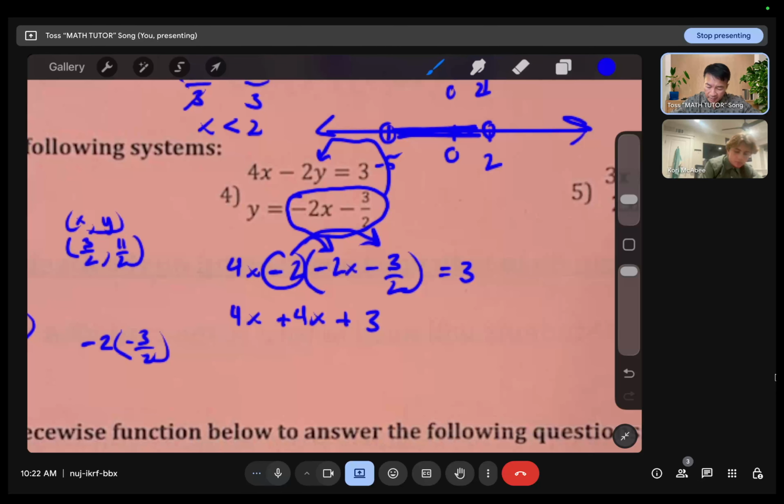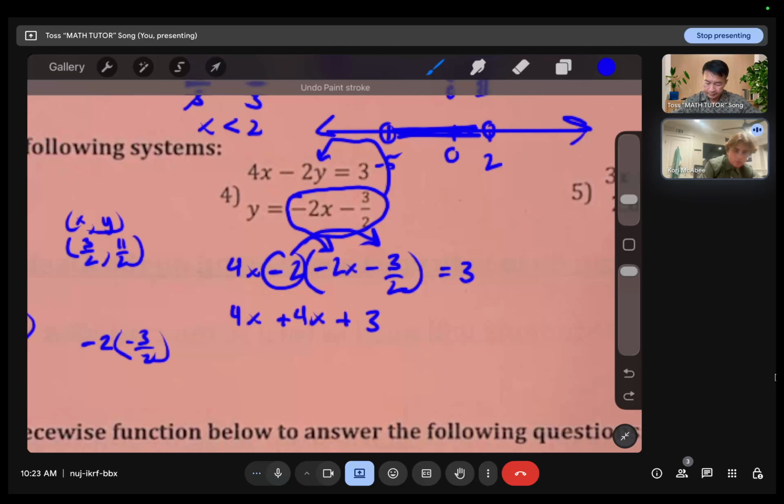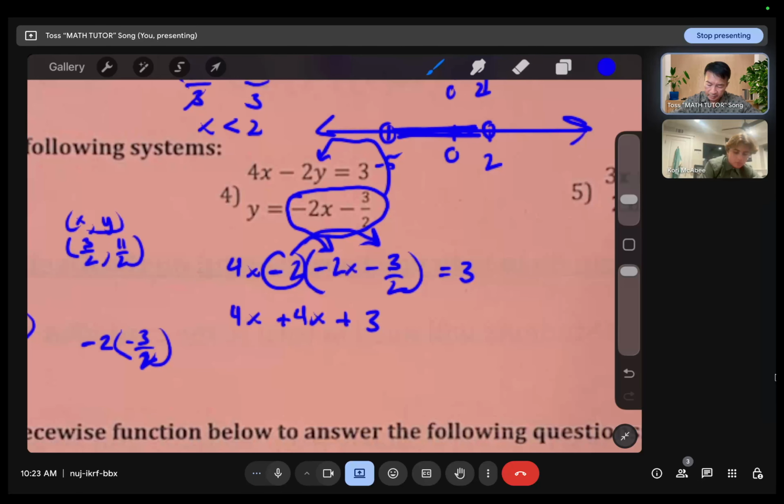Distributing it, negative becomes positive, but the 2s cancel. So you're just left with 3. Could you see it like that? There's a 2 right here. You can do the work on the side here. Yeah, so the 2s cancel. You're just left with 3. Double check, yeah. Negative times the negative. Negative 2 times the negative 3 halves equals 3.